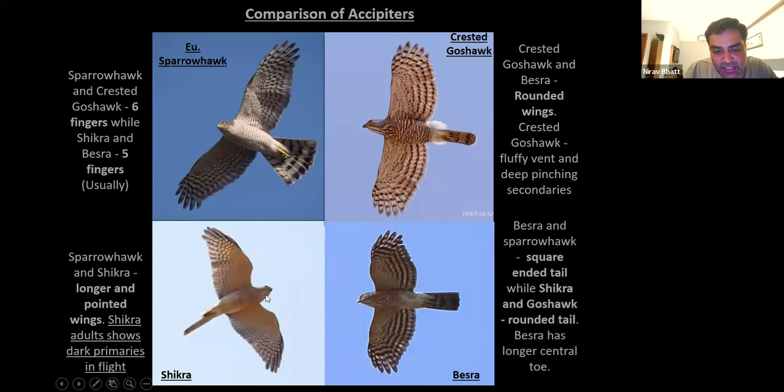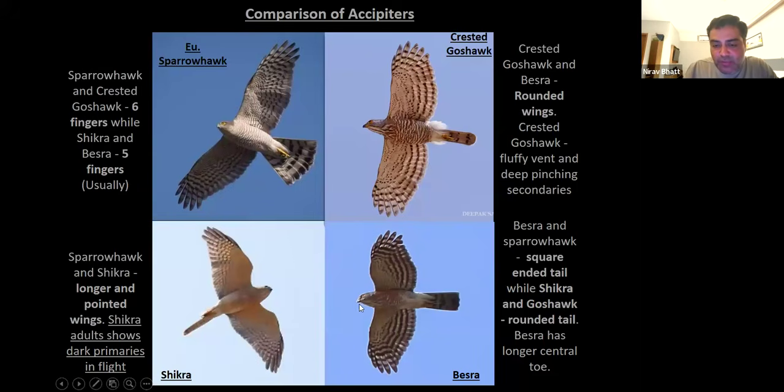Shikra has a gala stripe which is faint in comparison to Besra. Besra has a very prominent gala stripe. Again, Besra has a square tail, while Shikra has more of a rounded tail. In flight, Besra has slightly smaller wings in comparison to Shikra, so it has a rounder wing appearance.